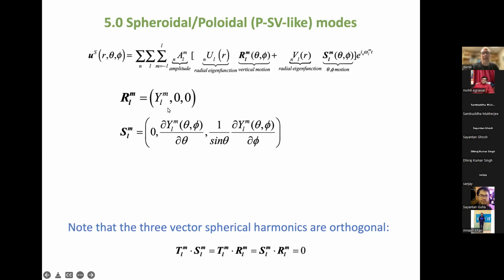And the vertical motion is given by R sub L sup M, and the horizontal motion is given by S sub L sup M. And we can note that the three spherical harmonics are orthogonal. So T of Lm dot S of Lm, and T dot R and S dot R are all going to be 0.